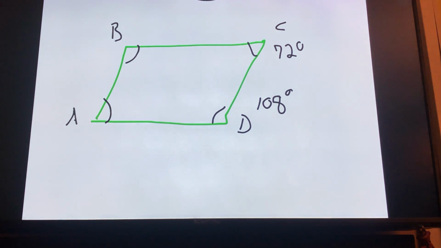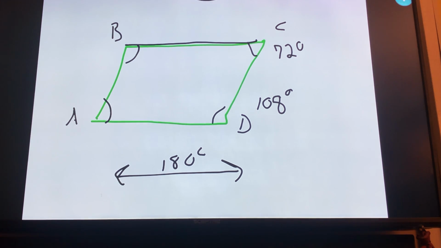So what I'm saying is, if they're making lines, do you remember what I told you guys a supplementary angle equals, which is just a basic line from last time? Just like this. The measure, if you looked at your protractor, would be 180. So if I know that, that tells me that if this is 72, this would have to be 180 minus 72.